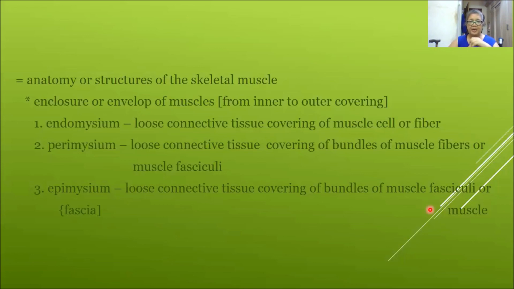Then a group of muscle fibers, or what you now call a muscle fasciculus, will also be enclosed by a loose connective tissue, and this is your perimysium. Then the outermost enclosure of the muscle is the epimysium. This is also otherwise known as the fascia. These are loose connective tissue covering bundles of muscle fasciculi or the muscle.